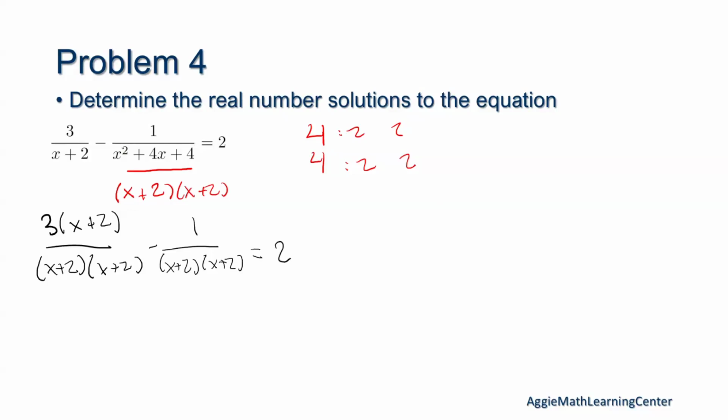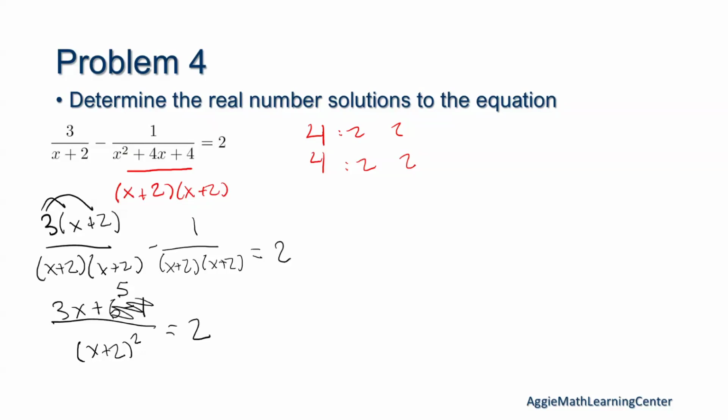Okay, now we're going to multiply this through, and then we're going to subtract that 1 from it. So we got 3x plus 6 minus 1. 6 minus 1 is going to give us 5, so I'm just going to put a 5 above this, over x plus 2 squared. And I'm just going to put that so I don't have to write out the whole thing again. Is equal to 2.